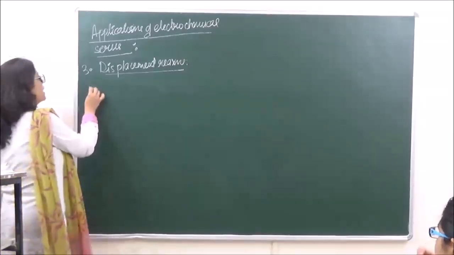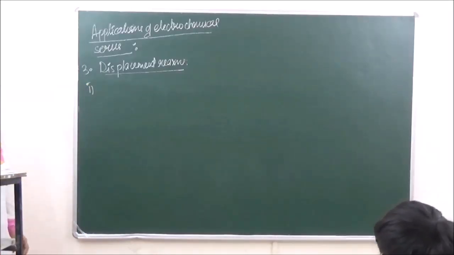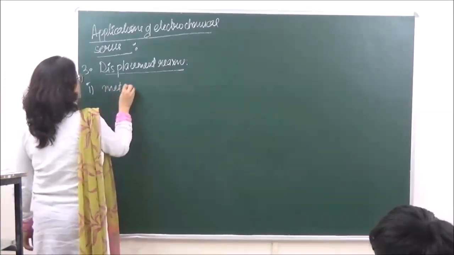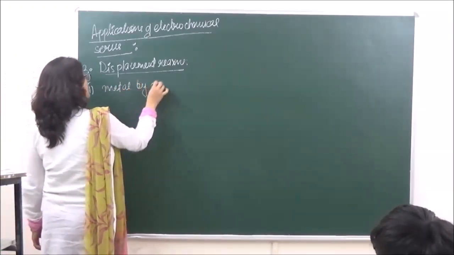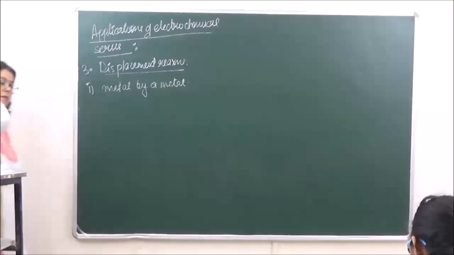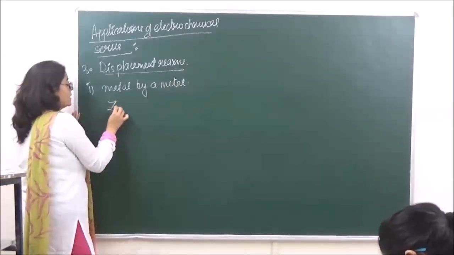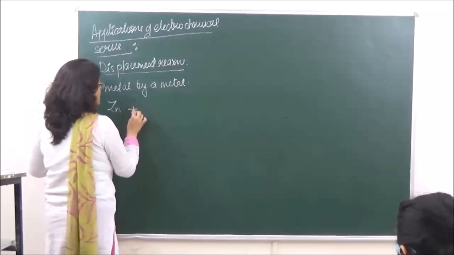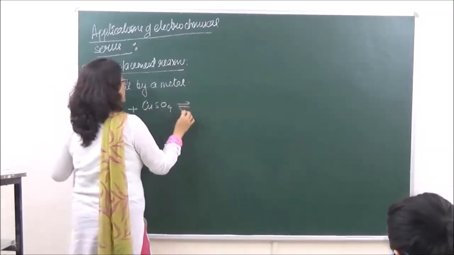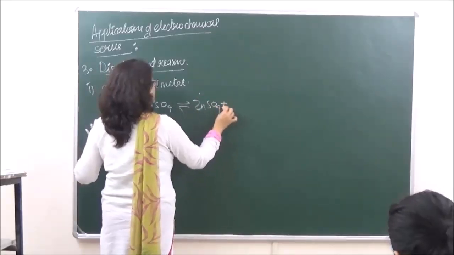The first one is displacement of metal by a metal, right? Now when we were doing the galvanic cell, we had done the reaction Zn plus CuSO4 to give us ZnSO4 plus Cu.